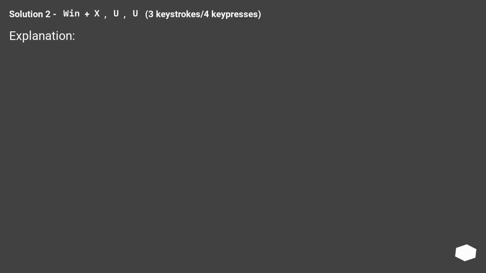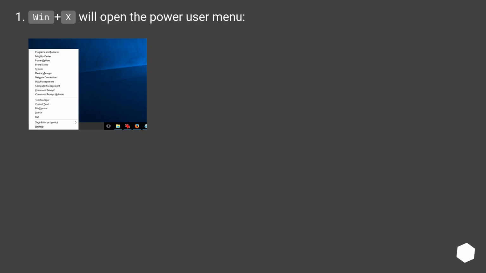Solution 3. Win plus X, U, 3 keystrokes, 4 key presses. Explanation: Win plus X will open the power user menu.